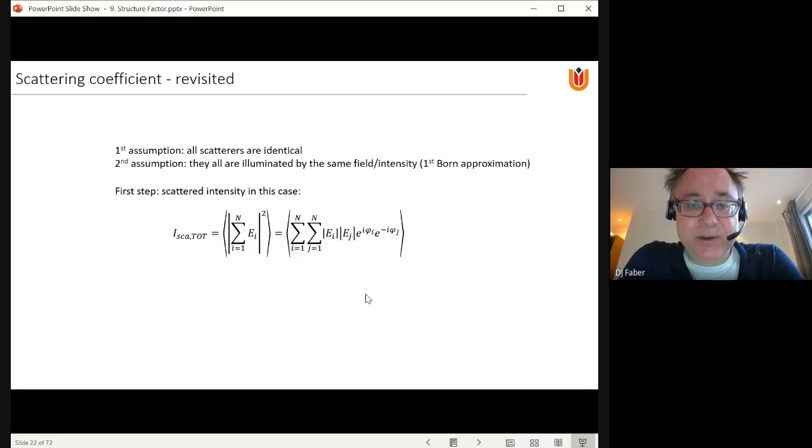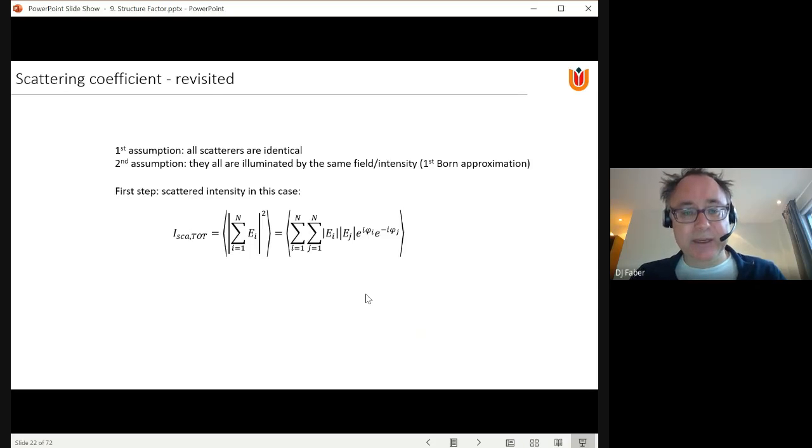So let's draft an expression again for the scattered intensity in this case. The total scattered intensity is then again the sum of the individual scattered fields of the individual scatterers multiplied with its complex conjugate, and then averaged over a larger volume.